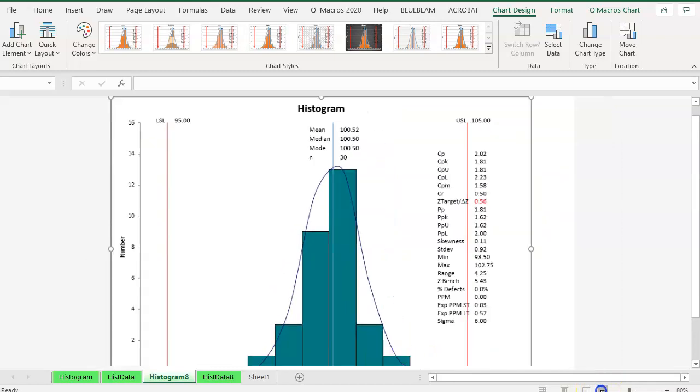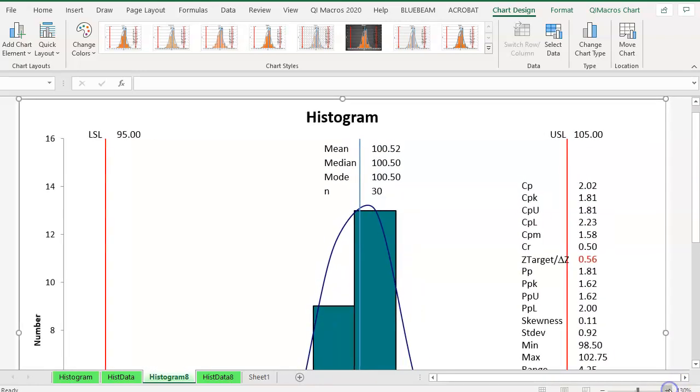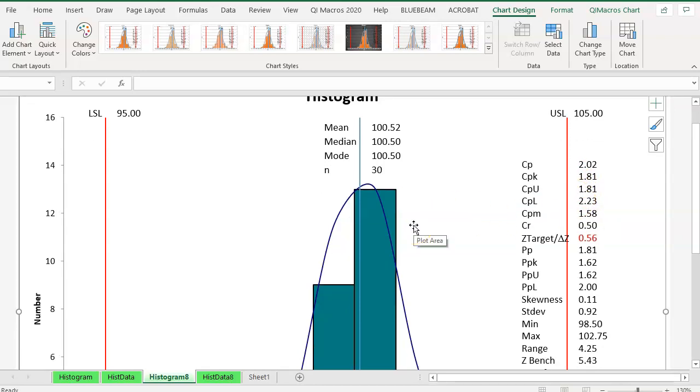So I would expect to see CP and CPK values that were equal or pretty close because you're pretty close to the nominal dead center target. And I would also expect those CP and CPK values to be much higher than what we saw before. And if you zoom in, your CP and CPK values are pretty close to each other, and they are much higher indeed than what we saw before.